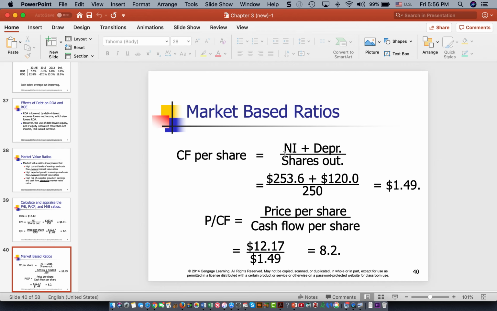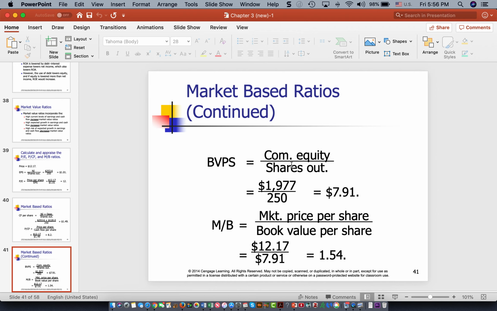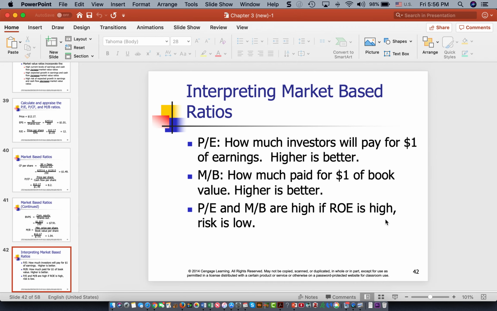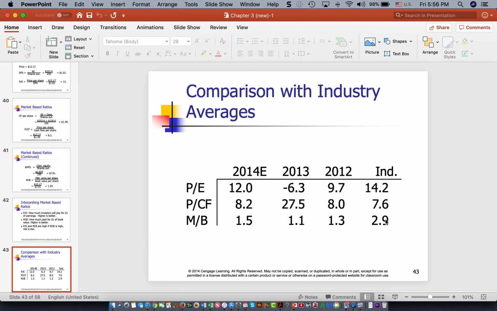Cash flow is net income plus depreciation, and that's what price over cash flow uses. For market book ratio, book value is the common equity in the balance sheet, the common stock plus the retained earnings, and you get the book value per share. I'll show you in a second. Then you take the market price and divide it by the book value per share you just obtained, and that's the market book ratio. For all of them, the higher the better.